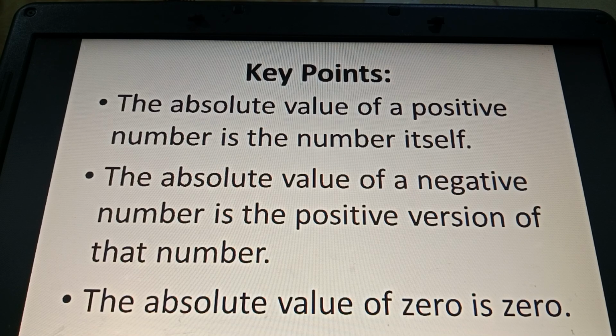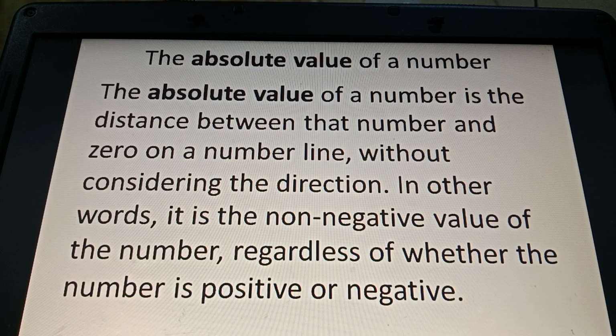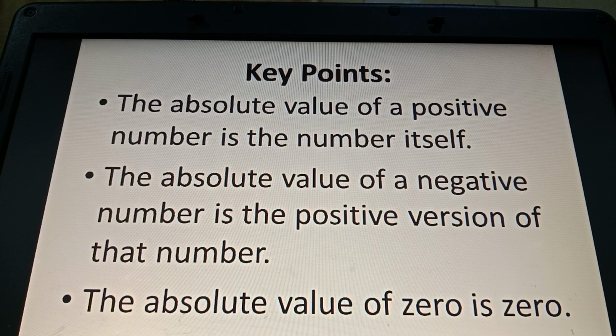We are considering the numbers from 0. So if I go backwards, the distance between that number and 0 on the number line. So the distance of 0 and 0 is 0. There is no distance, so the absolute value of 0 is 0.